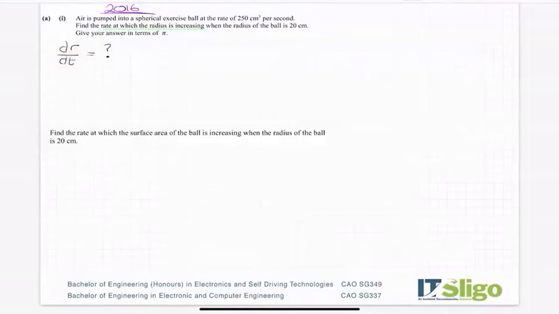Okay, and air is pumped into an exercise ball. If you think about a ball and you're pumping in air, the ball is getting bigger. But what of the ball is getting bigger? Yes, the size of it, but in mathematical terms, what is it? Well, it would be the volume of the ball.